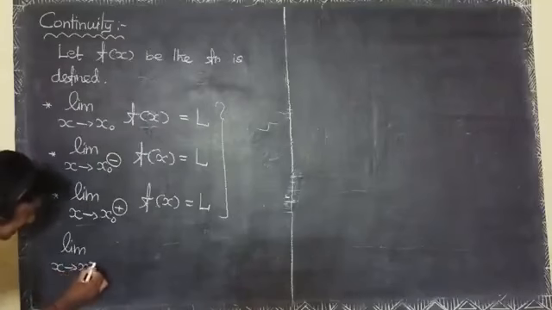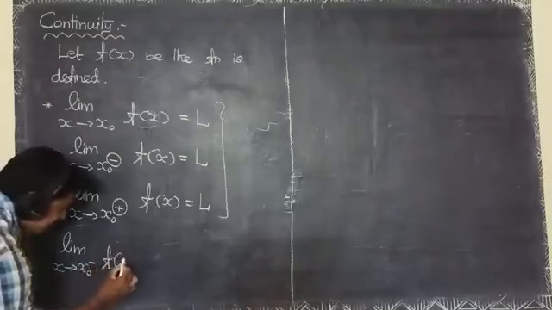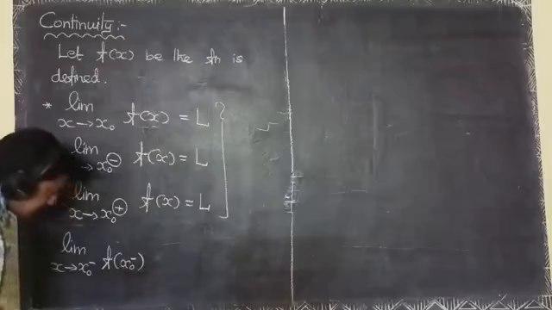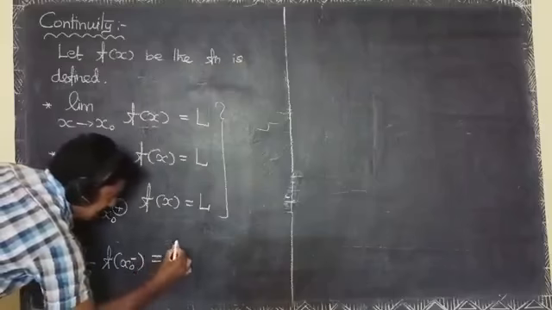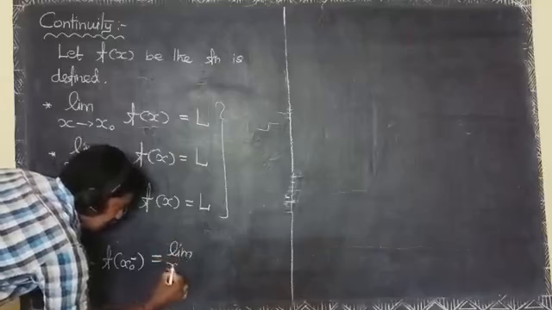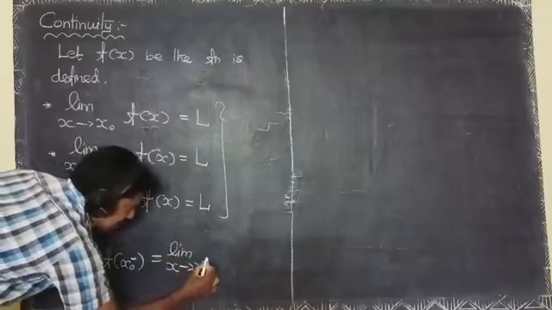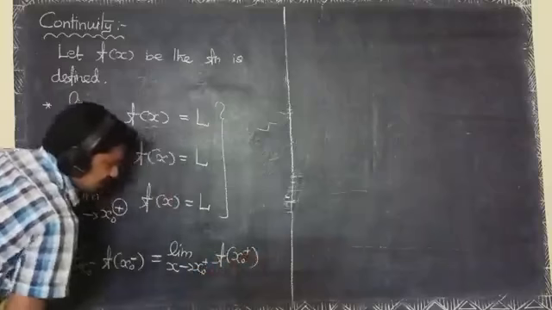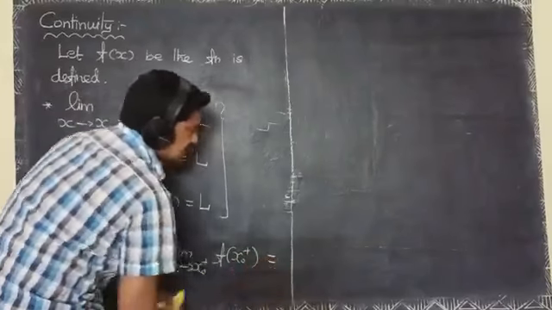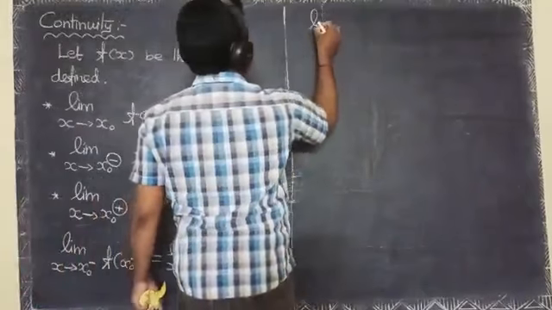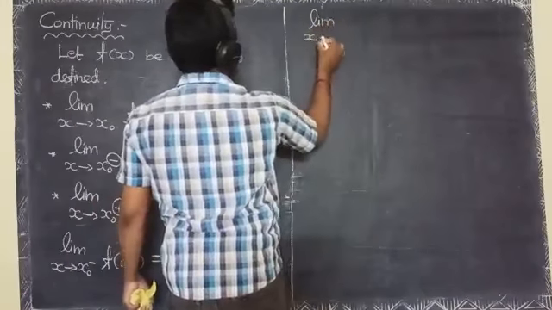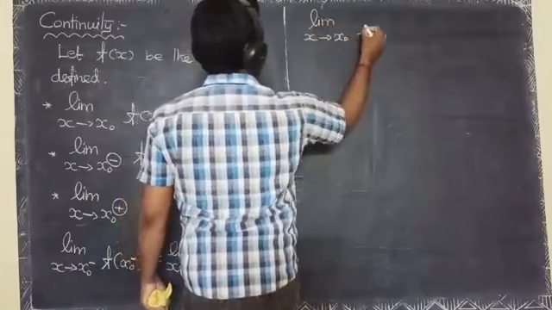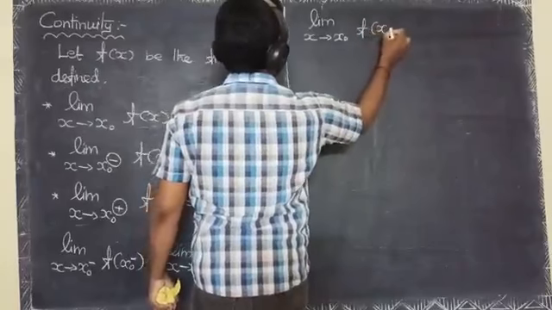Therefore the given function is continuous, that is, limit as x approaches x naught minus of f of x is equal to limit as x approaches x naught plus of f of x, which is equal to the limit as x approaches x naught of f of x naught.